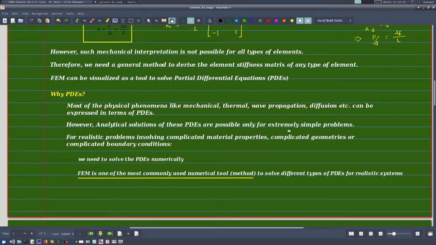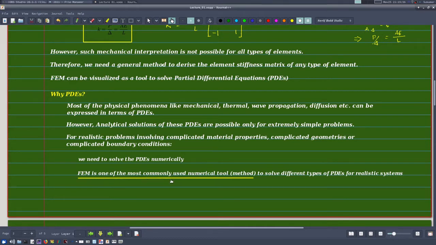That means if my geometry is complicated, or if my boundary conditions are complicated, then analytical solution of those PDEs is not possible. We can find analytical solutions only for very simplified cases. But real engineering problems involve complicated geometries, complicated material properties, and complicated boundary conditions. And therefore, we need to solve these partial differential equations numerically.